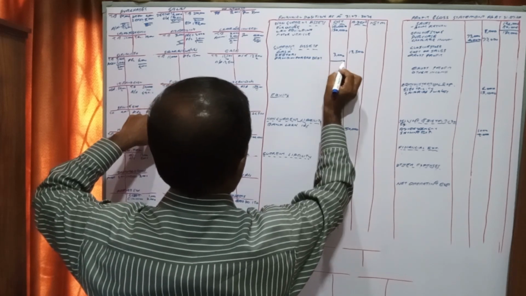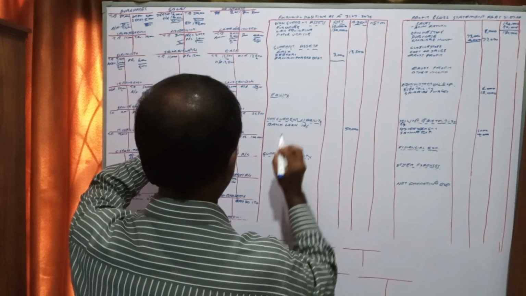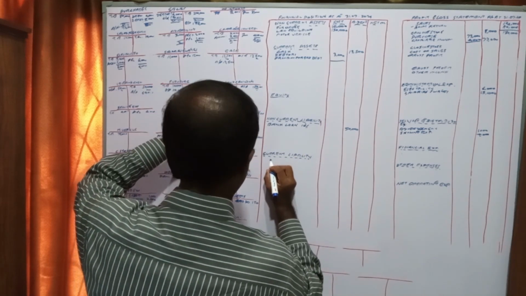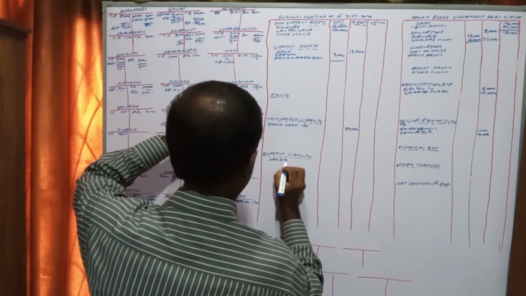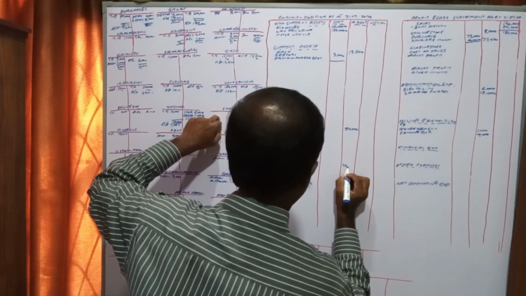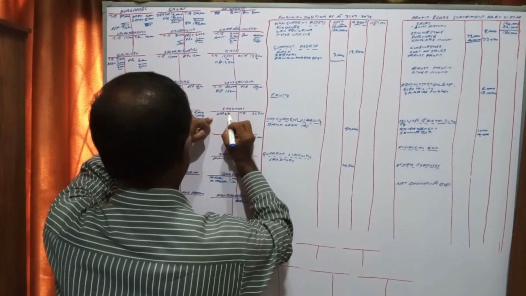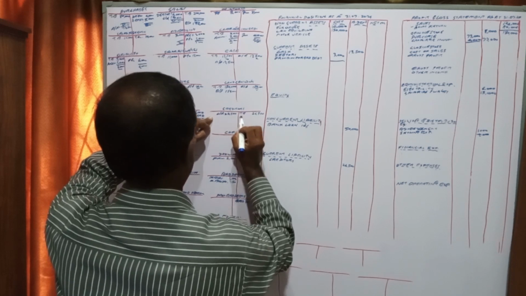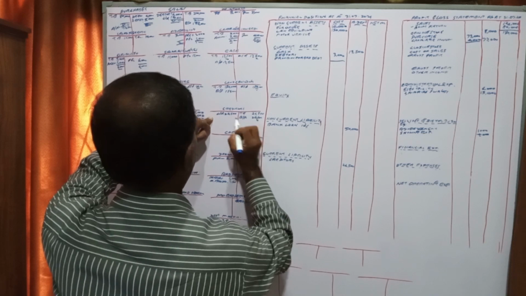Let us keep a place for that. Okay, 3,000. Next one is creditors. Creditors is current liability. 26,500. Carried down 26,500. Brought forward 26,500. Okay.